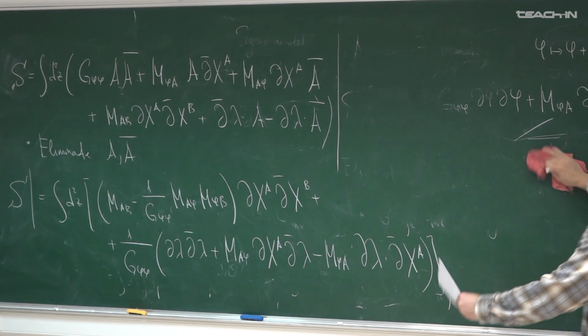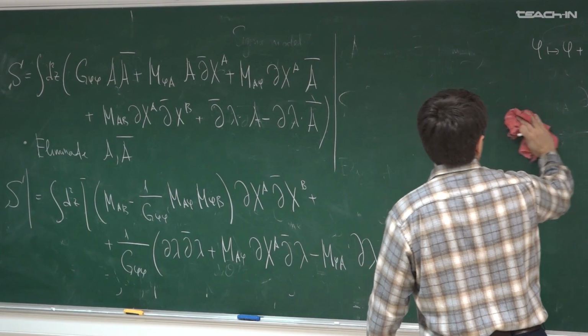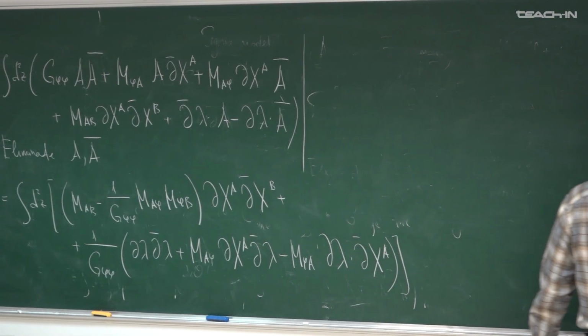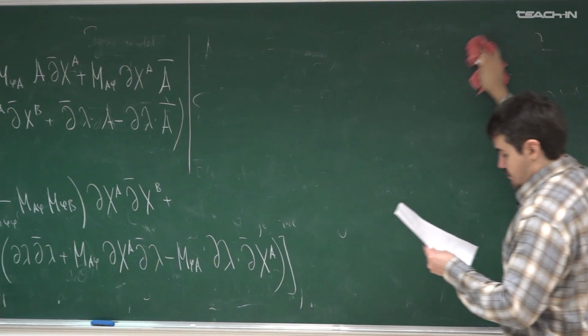In particular, you can read off from this the new values of the metric and B field.